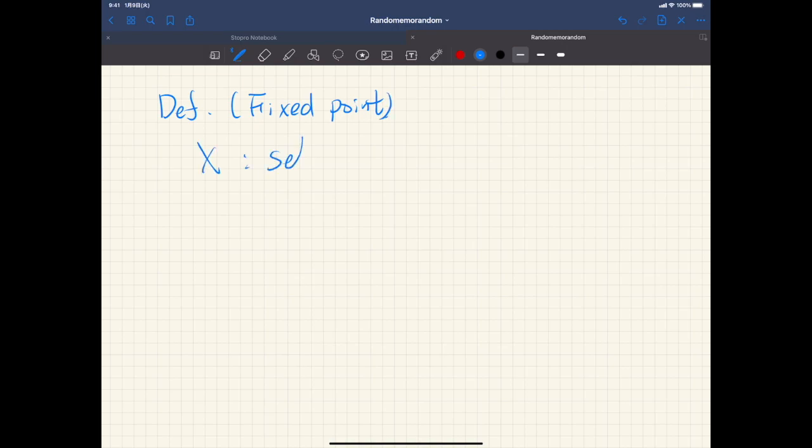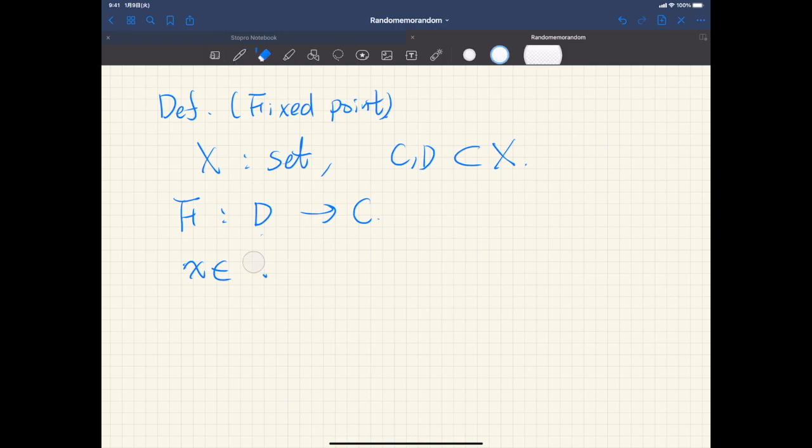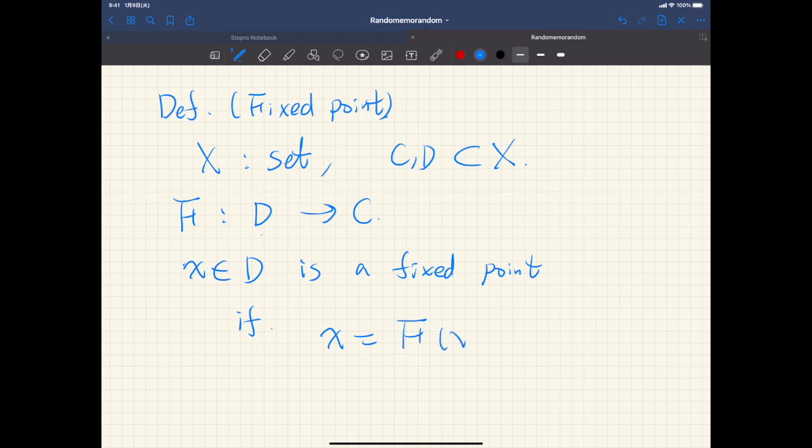Let's say X is a set and C and D are subsets of X, and let F be a mapping from D to C. So D is the domain of F and C is the codomain of F. Now, x in D is said to be a fixed point if we have x equals f of x.